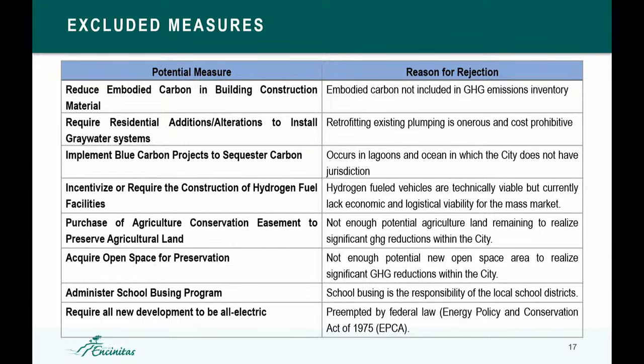Ultimately, that is an example of one that we didn't feel comfortable putting in the climate action plan because the city doesn't actually have jurisdiction over the lagoons. So while it is a great project, it's not something that the city would necessarily have control over the implementation of. So we ended up putting this measure in the climate action plan as a supporting measure and not one of the core numeric greenhouse gas reduction measures.